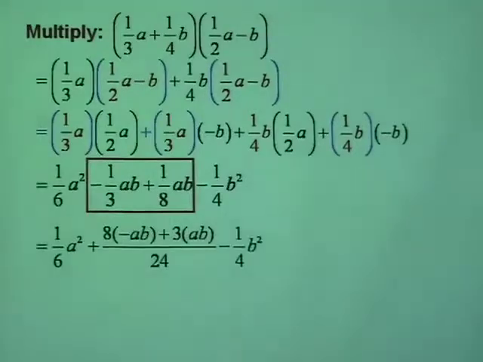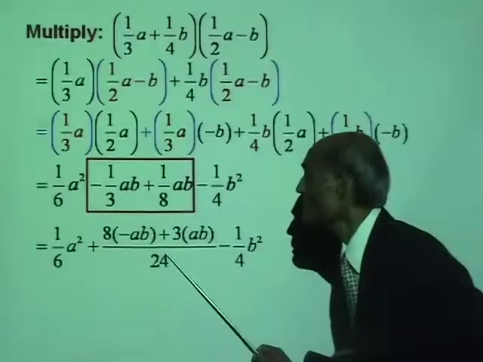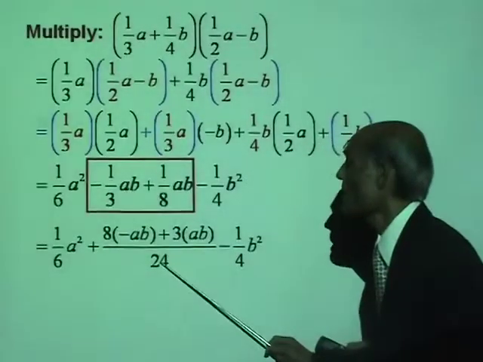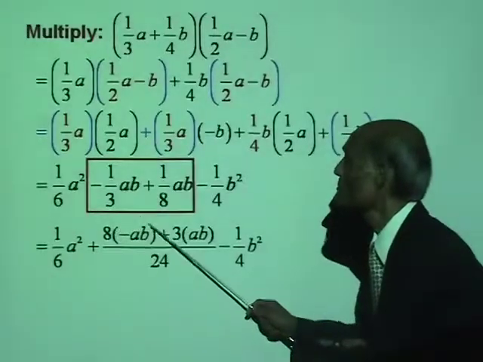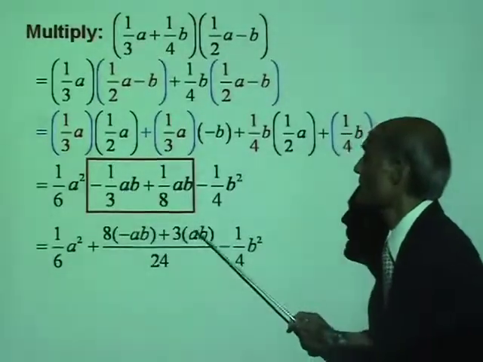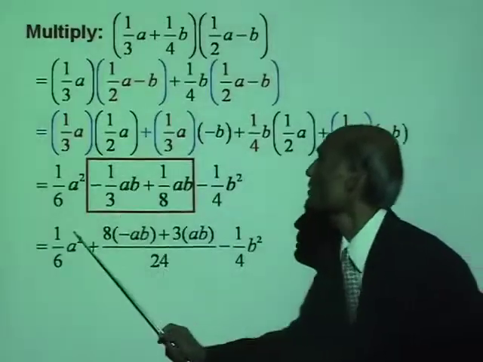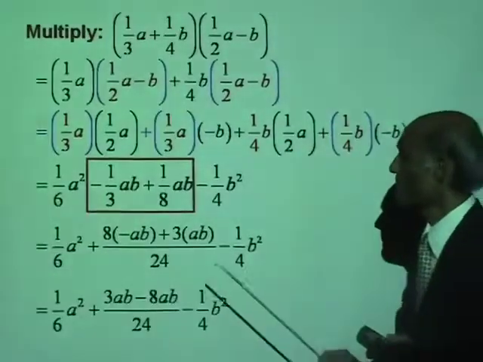Okay, and that's what I have here. 24 is the common denominator, 8 times negative AB plus 3AB, and the others remain the same.